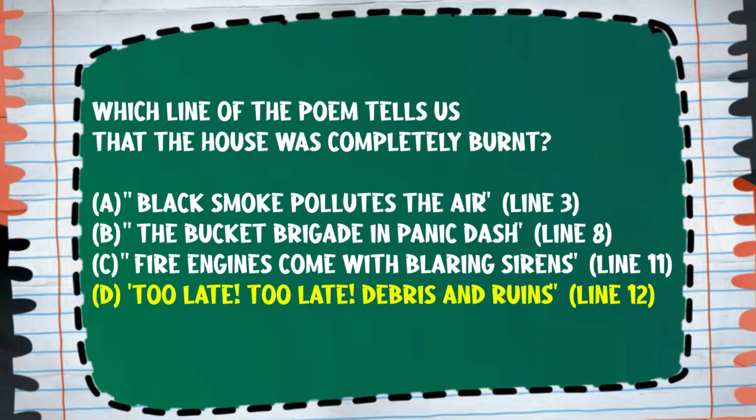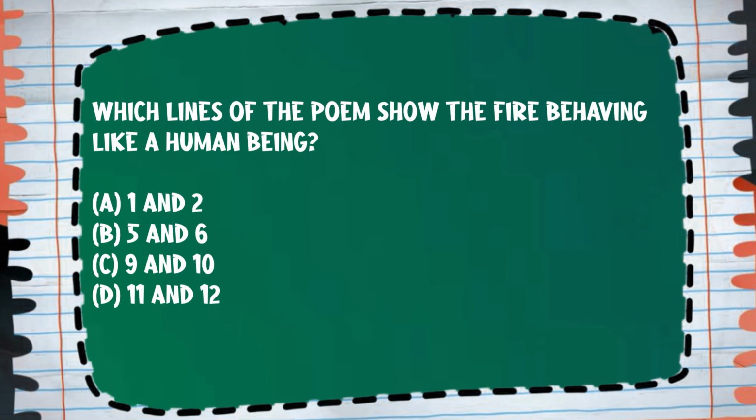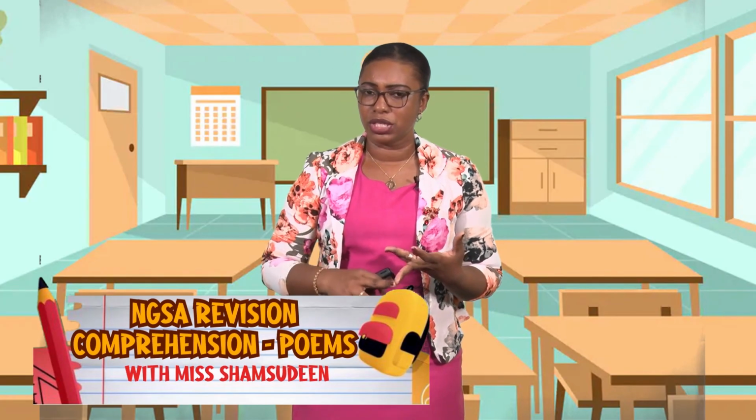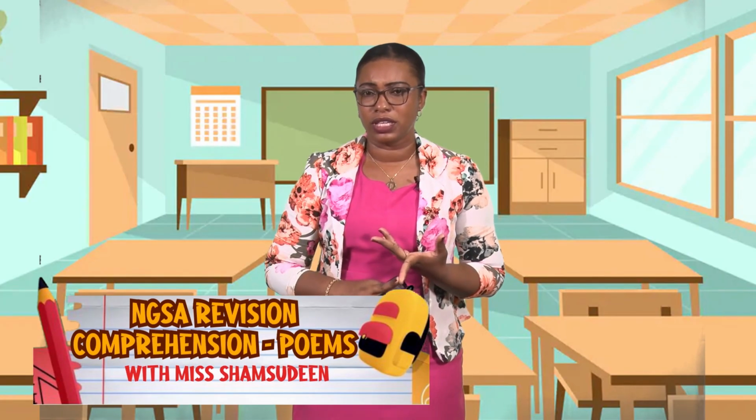Our next question asks, which lines in the poem show the fire behaving like a human being? Now, this is where your knowledge of your figurative devices will come in. And remember, we said we have similes, we have metaphors, we have alliteration, we have personification.